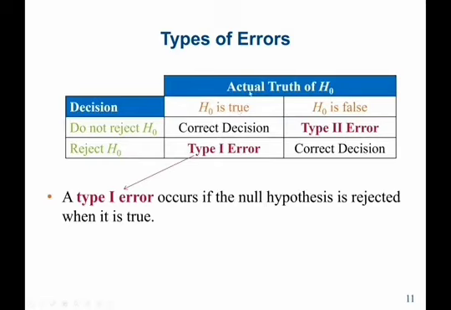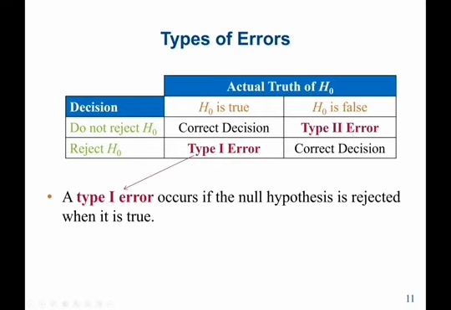Now, types of errors: there are two types. Type 1 error means we reject a true H0. So H0 is true, but we reject it. Type 2 error means we do not reject a false H0.